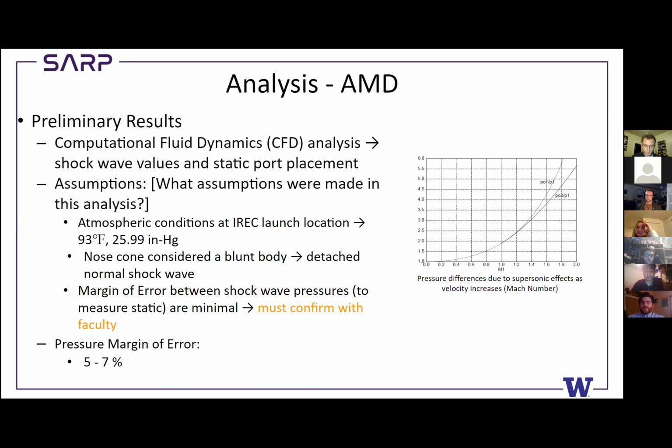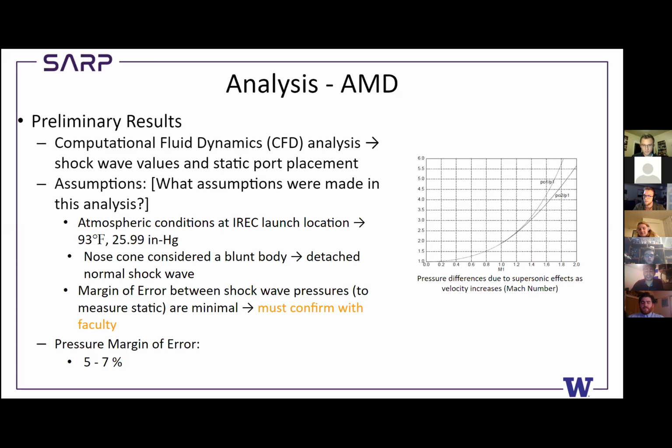And the third thing, the margin of error. As you can see on the figure on the right, it shows you the differences in pressures due to supersonic effects. Since the rocket's only going up to about 1.2, maybe 1.3 Mach, we believe that these pressure differences may be minimal, but again, we need to confirm this with faculty, just because fluids is a whole other thing, very difficult to understand.